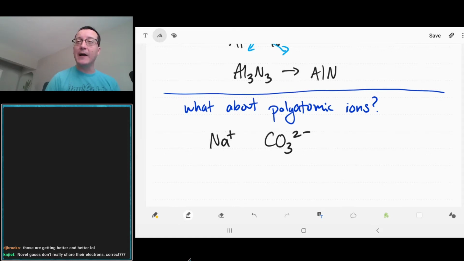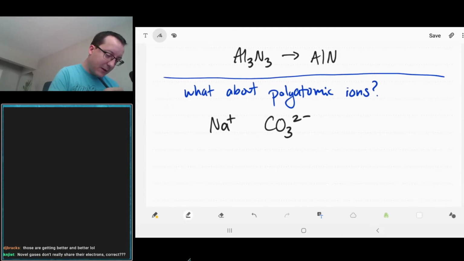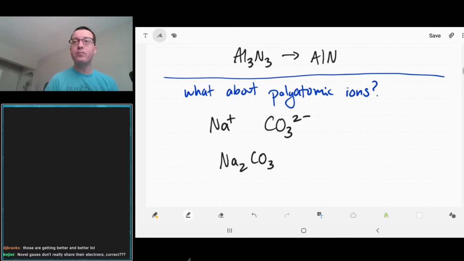We see that that ion has a charge of -2. Our sodium has a charge of +1. We can do the crisscross, and we'll see that we end up with Na2CO3, right? We need 2 sodiums to balance out the carbonate. Hopefully nothing too crazy there.